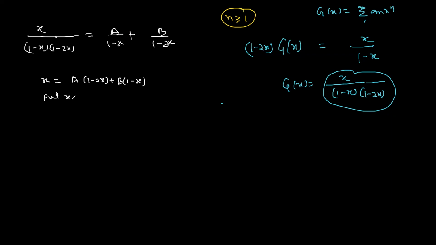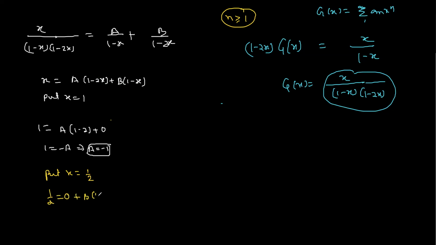Put x is equal to 1. Put x is equal to half. Why half? Because half and 2 cancel, right? 1 minus half. B is equal to 1, right?